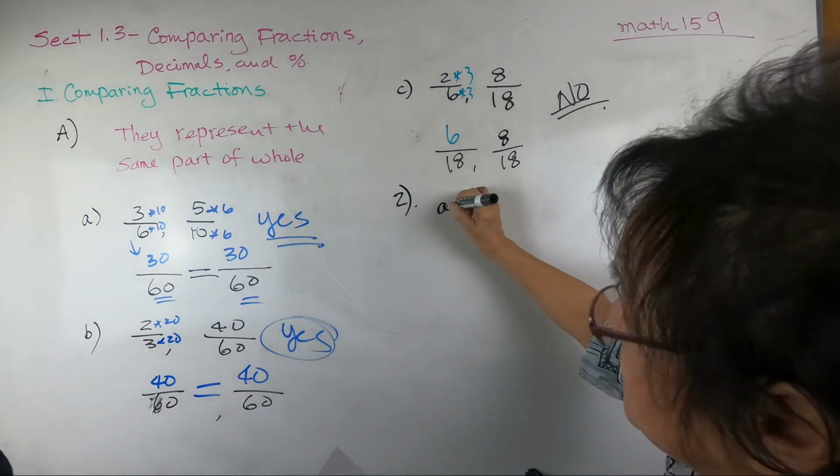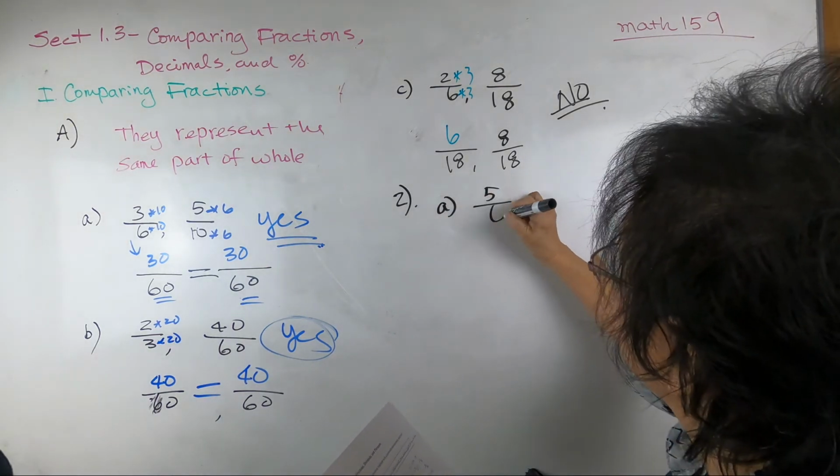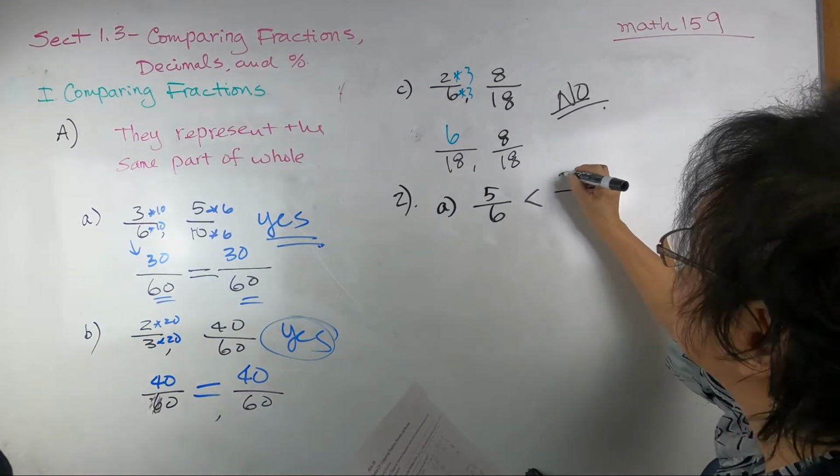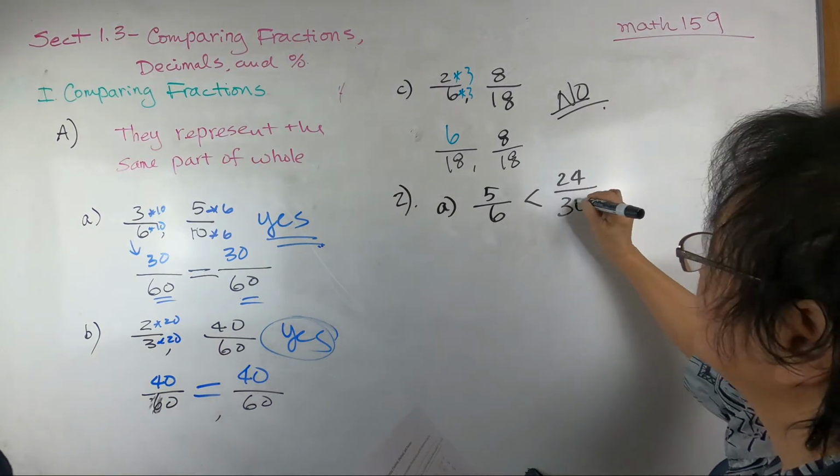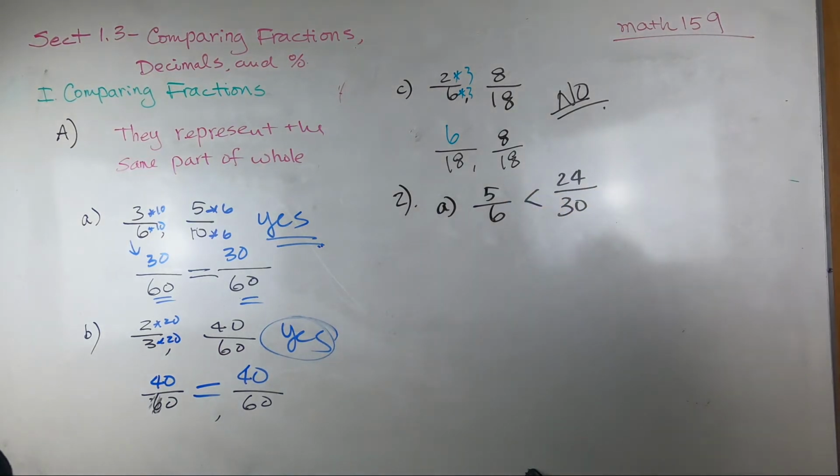Next one is asking you, is this one less than this one? If you ate 5/6 of a pizza and another person ate 24/30 of a pizza, which person ate more, right? Then you have to change to what? The same denominator.